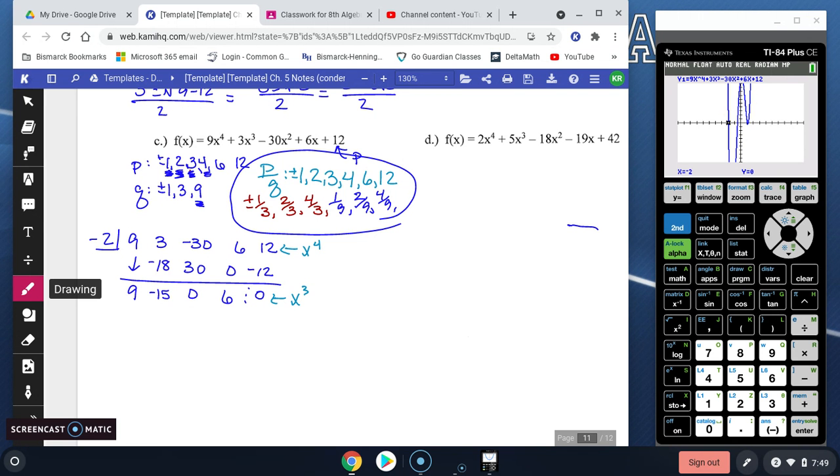Now, let's see. It looks like it crosses somewhere between 0 and -1. So it might be a -1/2. Oh, well, -1/2 isn't even one of our options. Okay, so I don't really know what that one is.